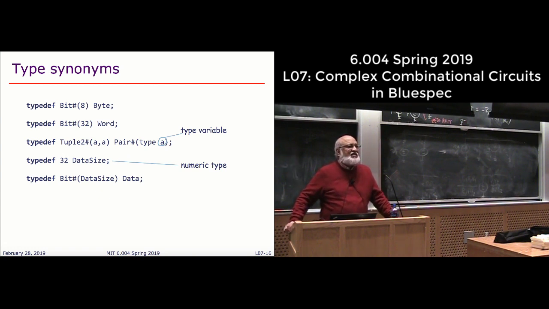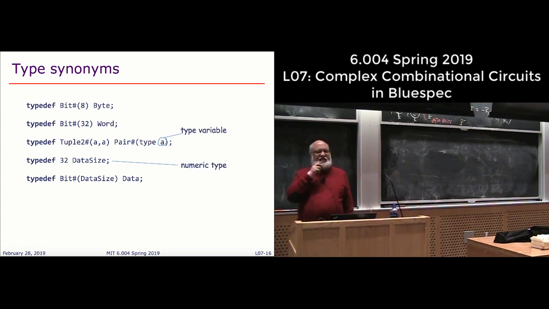It'll work. So you can define a pair of any things you want. You can define a pair of pairs, or a pair of integers, or a pair of 8-bit numbers, etc., etc. A pair of functions you can define. Anything is possible.